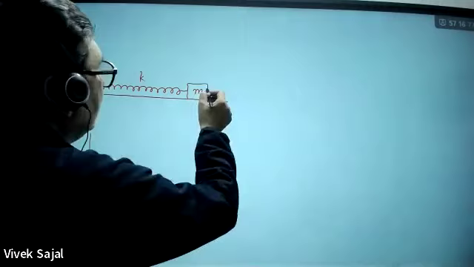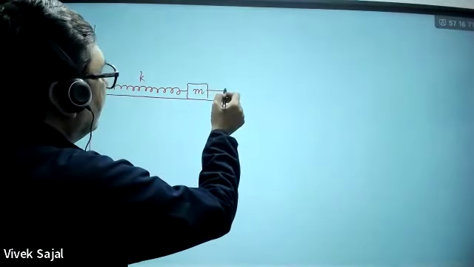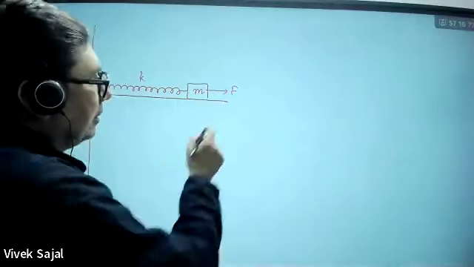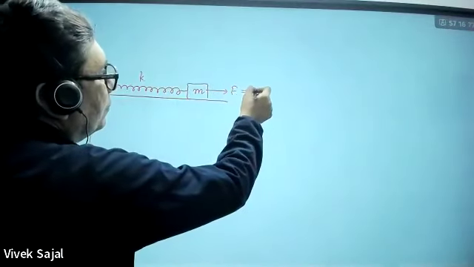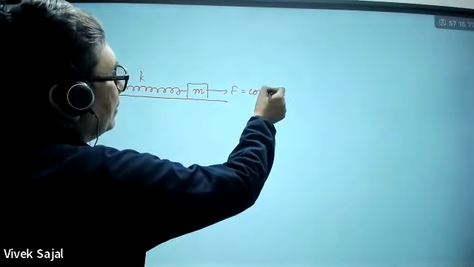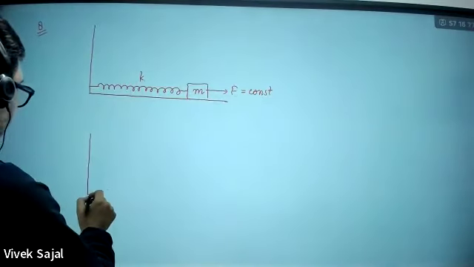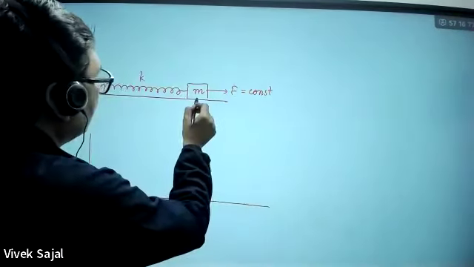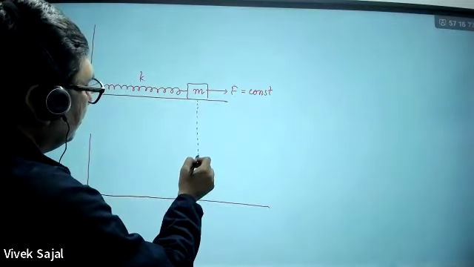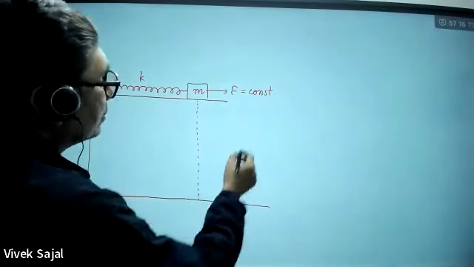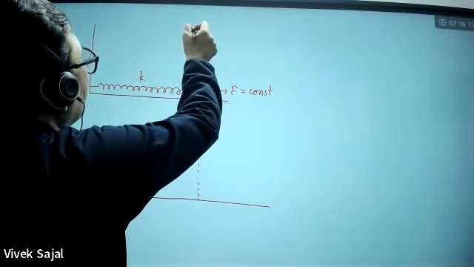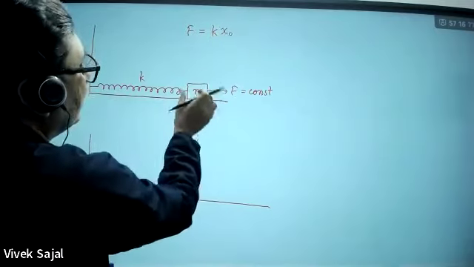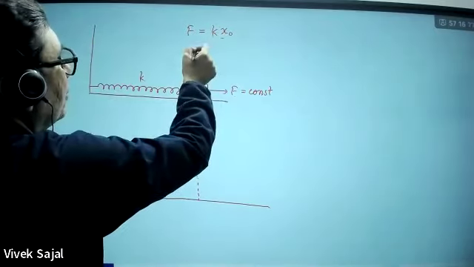So what you have done here is apply a constant force. This was the equilibrium position initially, before applying. Now you have applied a constant force, continuously applied. So what will be the result of this? This was the initial equilibrium position. Due to this force, F will be K into x naught.